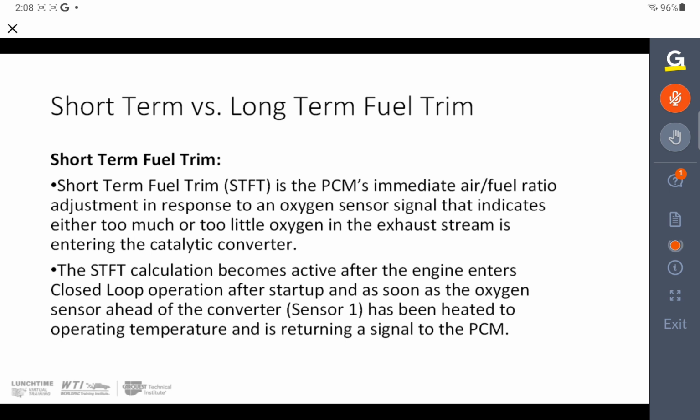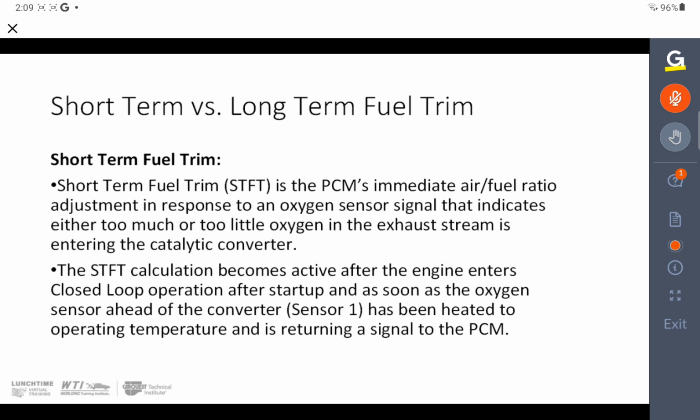Low oxygen means rich condition. Then the computer will turn around and decrease the amount of fuel that enters into the combustion chamber. And this is, again, all to control the emission gases that the catalytic converter is controlling. By controlling the oxygen content going into the catalytic converter, it can do its job much better.